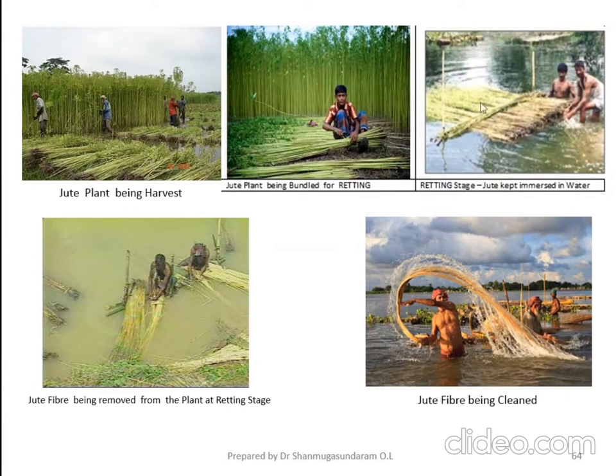Please look at the figure, then you will come to know how the harvesting takes place, how the bundling takes place, how the retting process takes place, and finally the cleaning of the jute fiber takes place.